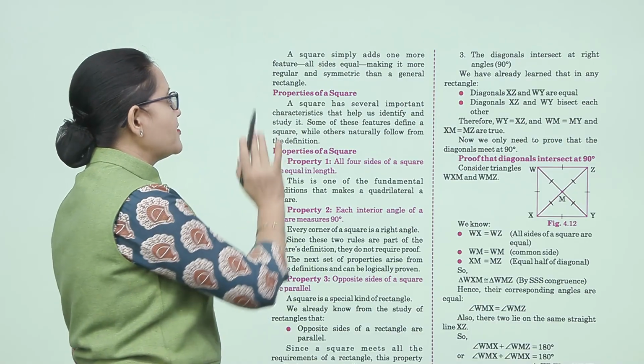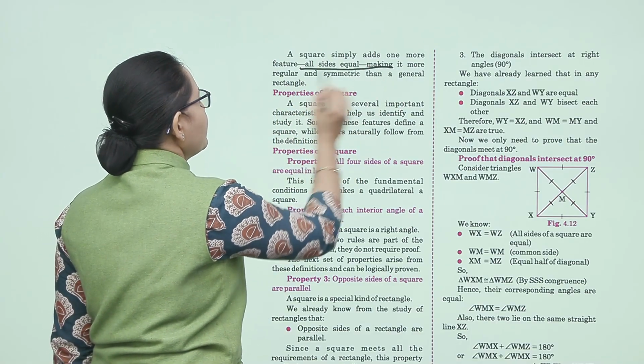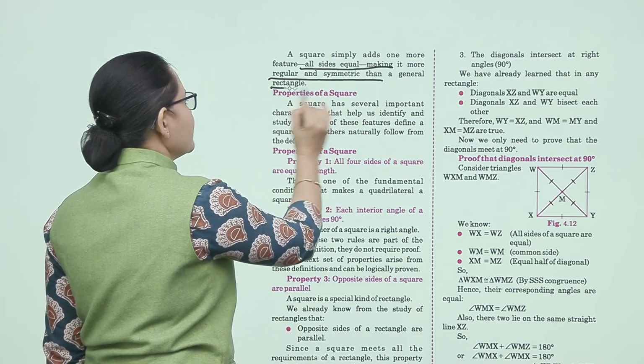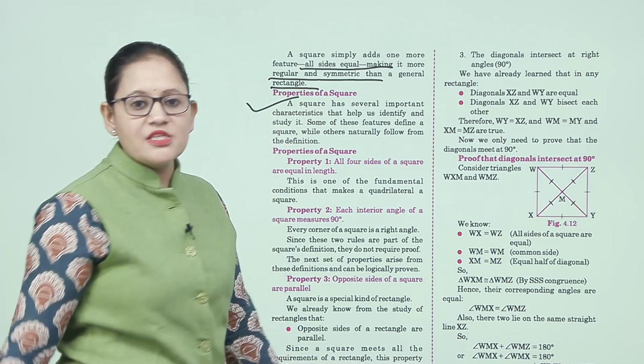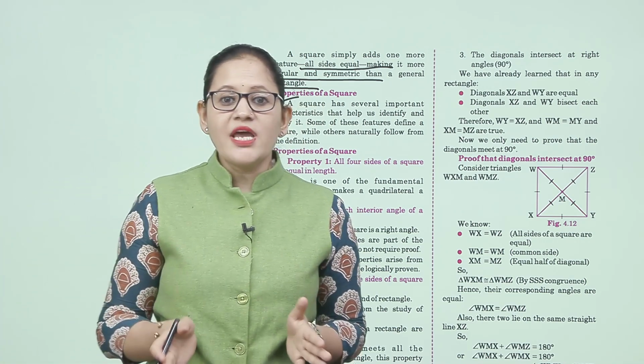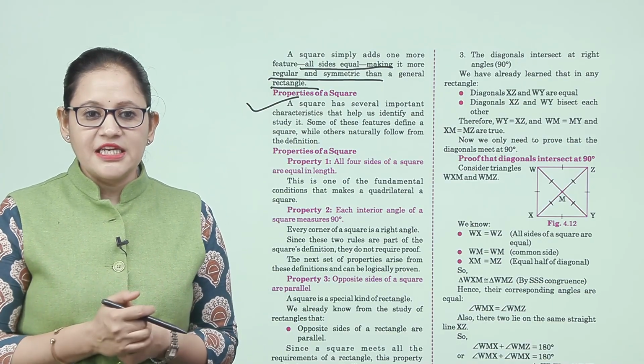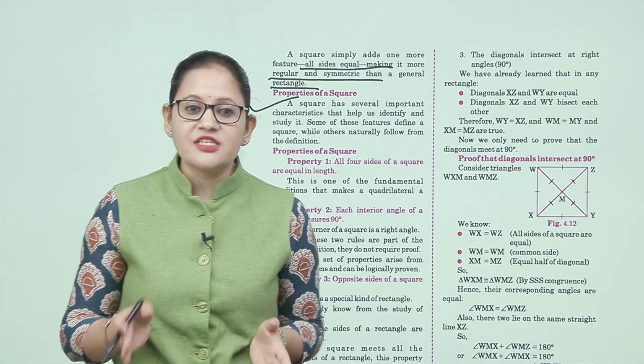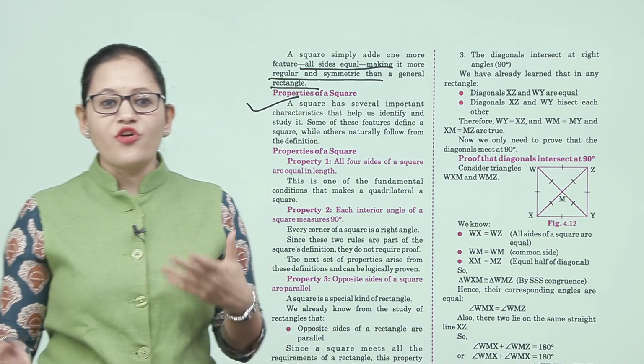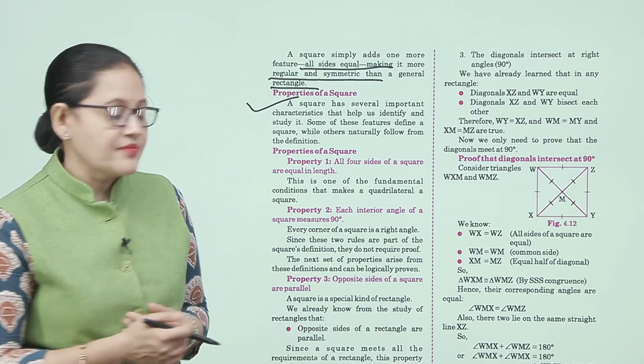A square simply adds one more feature, all sides equal, making it more regular and symmetrical than the general rectangle. Now, properties of a square. A square has several important characteristics that help in identifying and studying it. Some of the features define the square while others naturally follow from the definition.